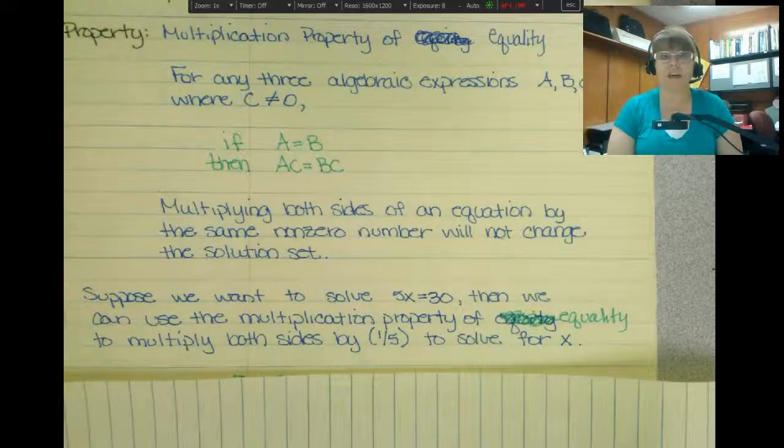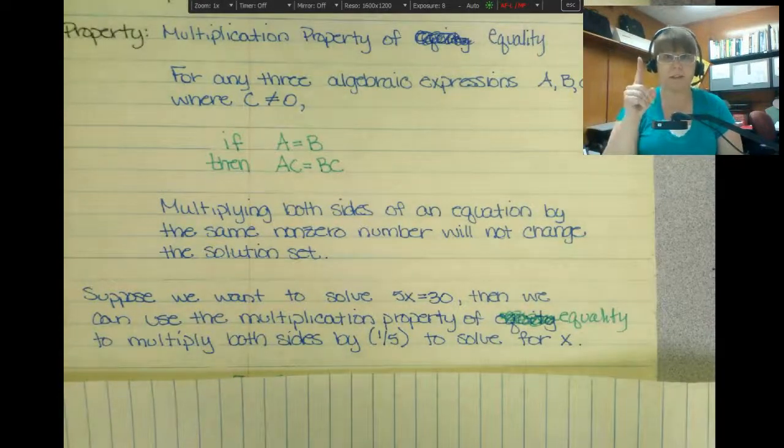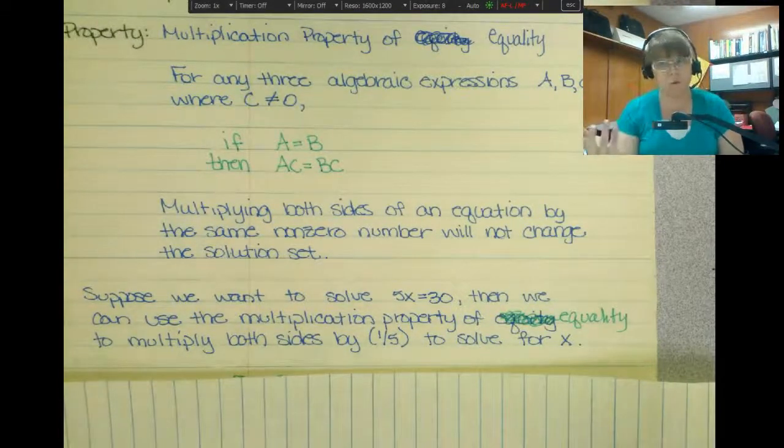If I multiply by the reciprocal of the coefficient, the number that's in front of the variable, I'm guaranteed to get one variable left. In this case, 5, if I multiply by 1/5, I get 1x. And that's the whole purpose, is I want to get to know what the value of 1x is worth.